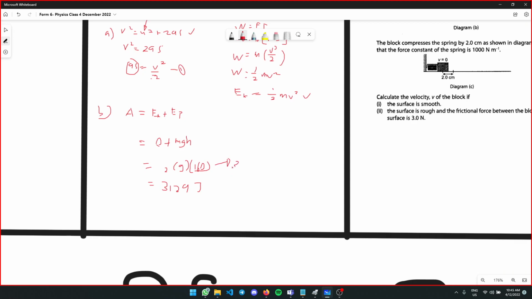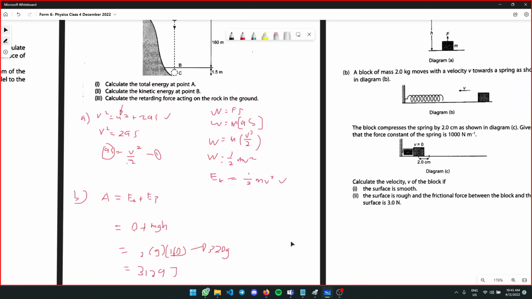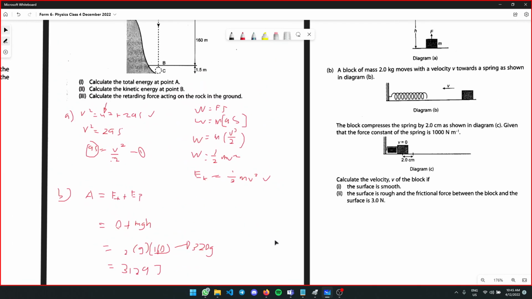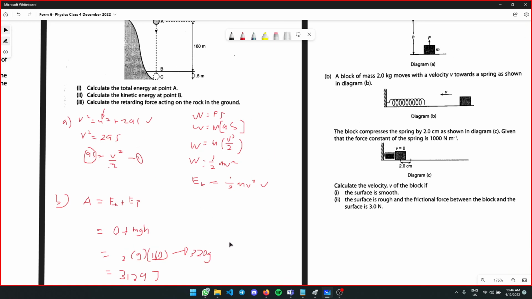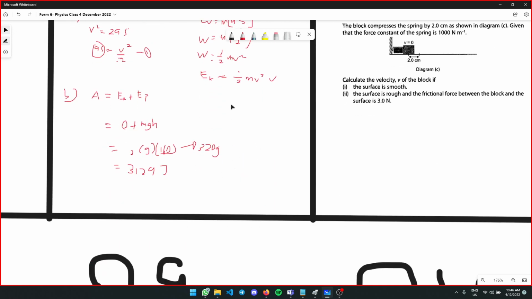You just want to give the answer like 320 g. But sometimes you have to remember, usually the markers for your paper are quite old-fashioned, really seasoned. That's the word I like to use, seasoned people. They don't like to play much. They are very straight to the point. So better give them what they want.